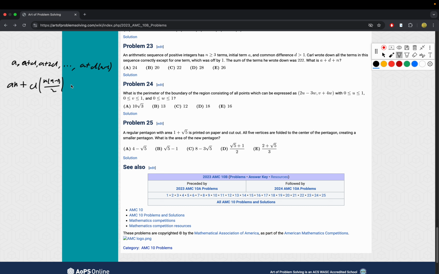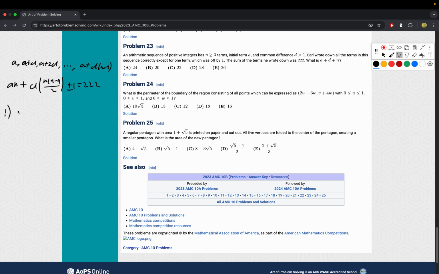It was off by 1, so plus 1 equals 222. Wait, off by 1 means it can be plus or minus, right? Because the value that Curry wrote was just a wrong value by 1.